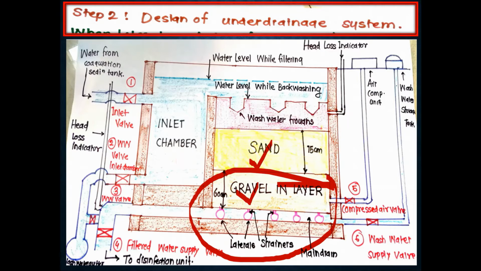And we have to design the under drainage system, meaning we have to design the lateral and main drain, because the under drainage system types we have seen are lateral and manifold, then perforated type, and third is pipe and strainer type. In the previous class we have discussed this, and I have uploaded the video of the previous class also.